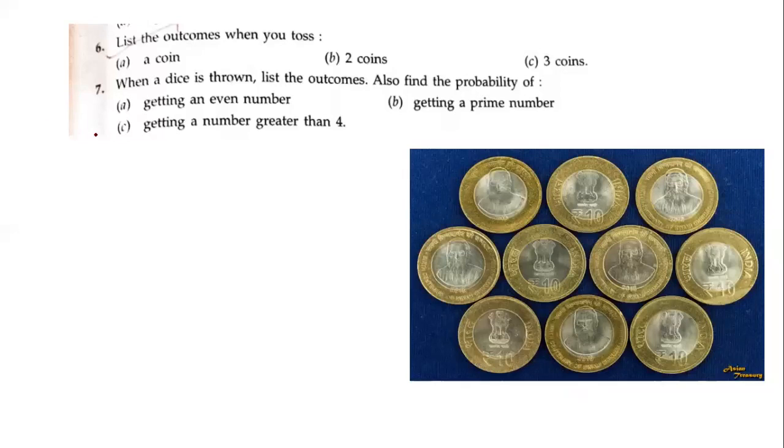Students, as I told you, if we toss one coin, the outcomes are 2 raised to the power 1. That is 2 outcomes, that is head and tail.